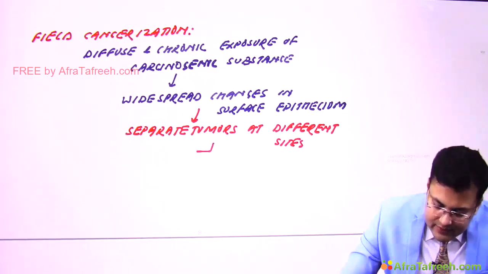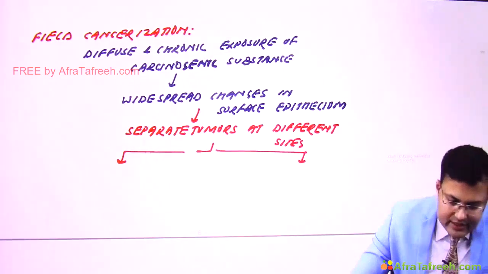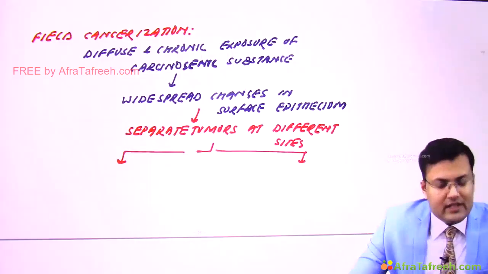Clear? And it is further divided into two types. It can be synchronous. Synchronous means detected simultaneously or within 6 months.